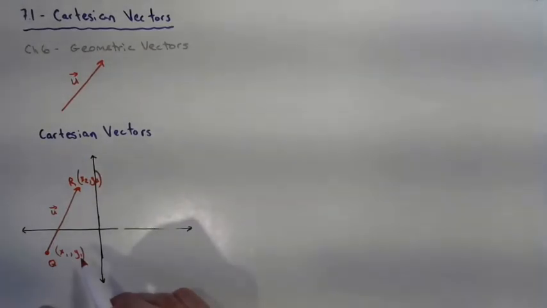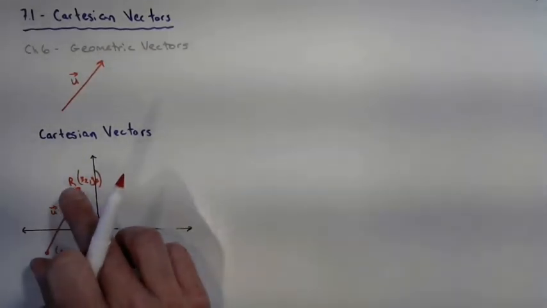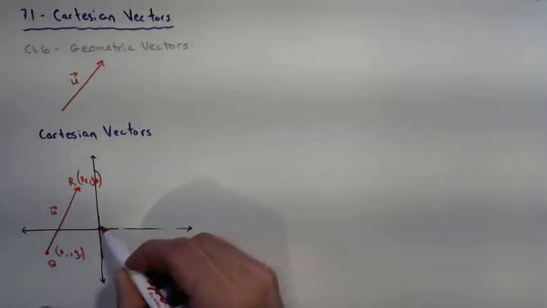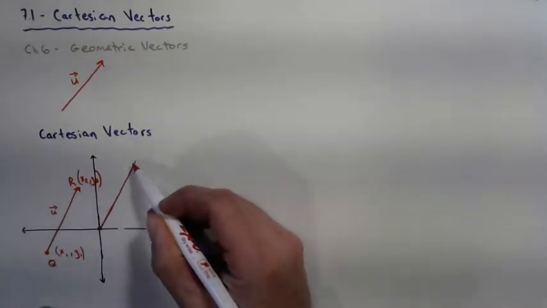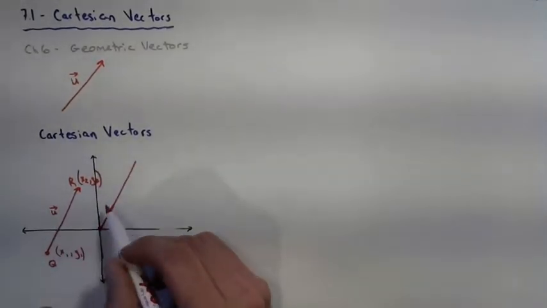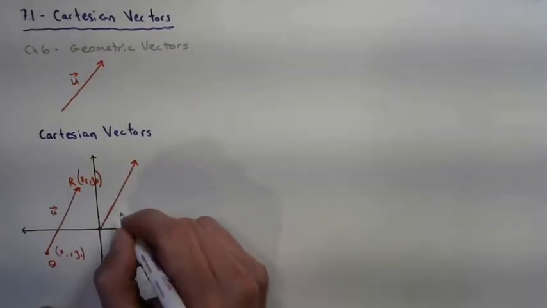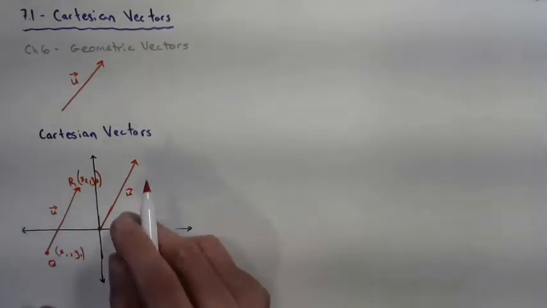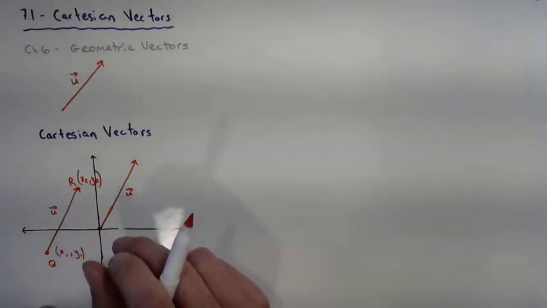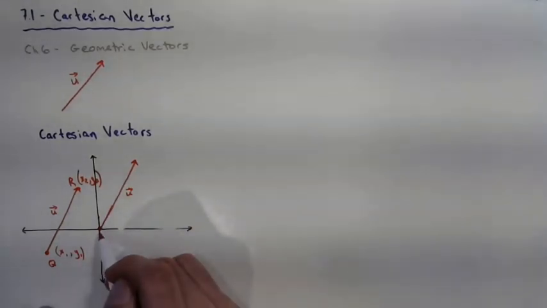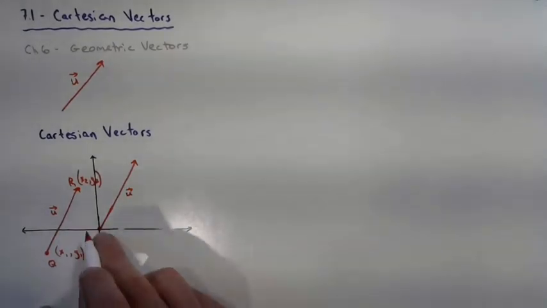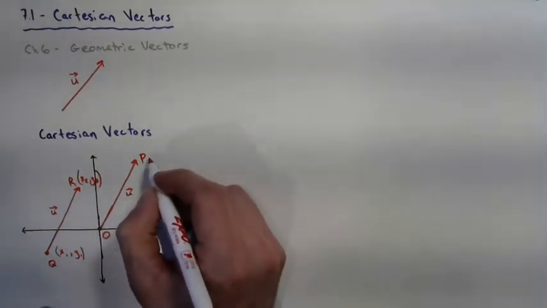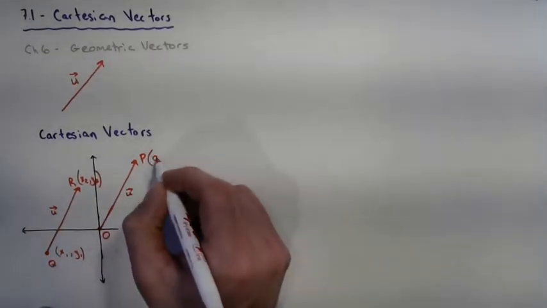Now, what we can do with this vector is translate it, shift it, move it, so that its tail is at the origin. That makes it a lot easier to talk about this vector. I'm not measuring, but I should be measuring the exact length and getting the exact direction. But I'm going to move this vector over here. This is now the position vector u. It's a special vector, it's still a Cartesian vector, but it's been translated so that its tail is at the origin, O, sorry, not Q, and its head ends up being at point P, which is represented by the coordinates (a, b).